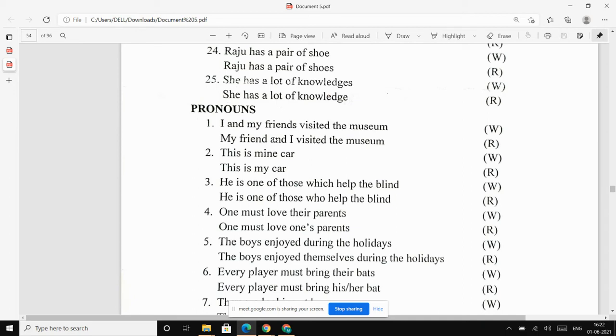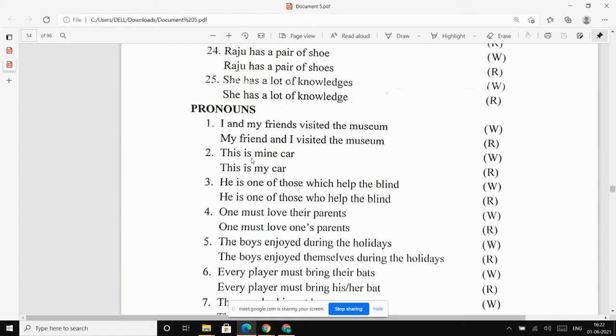So at the subjective point, when we use pronouns, the third person pronoun should stand in first place, and then second person, and then the first person. Okay, third person, second person. Suppose second person here means you, my friend, you and I visited the museum, like that if there are three.